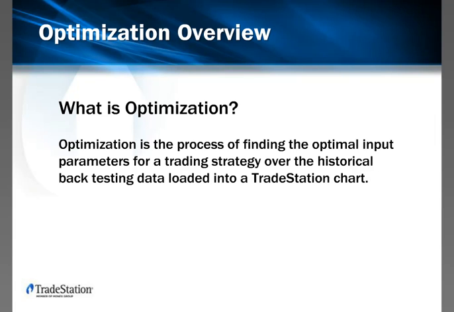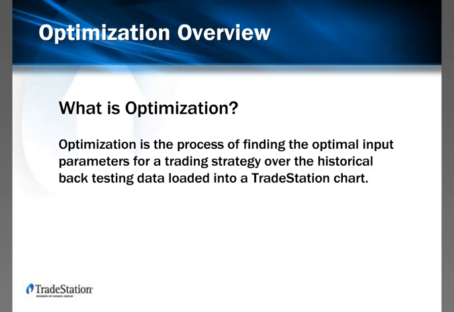Sometimes you've heard the term related to optimization called curve fitting. And really, that obviously has a lot of negative connotations to it. But that's the process of optimization. Optimization curve fits the results to the historical data within the chart. It's not a negative thing. It's just that's what optimization does.